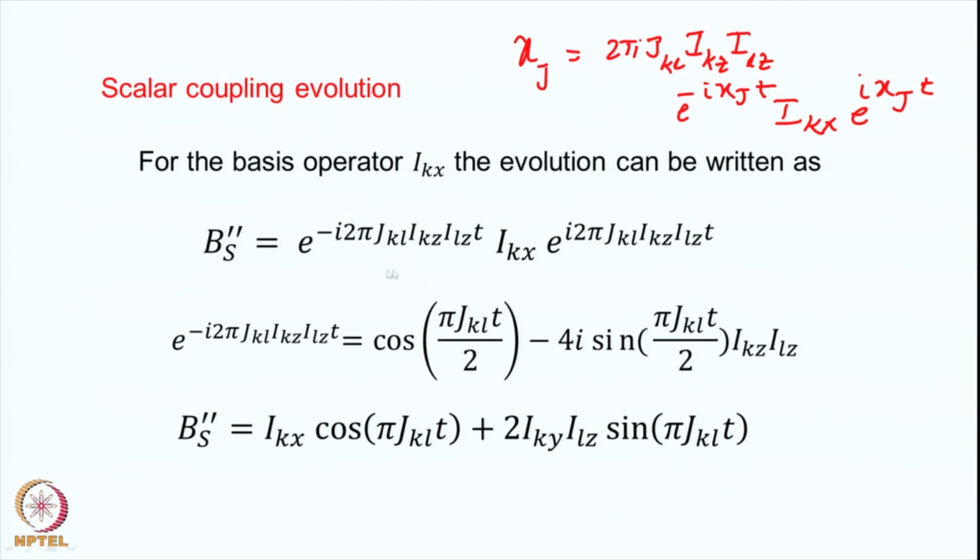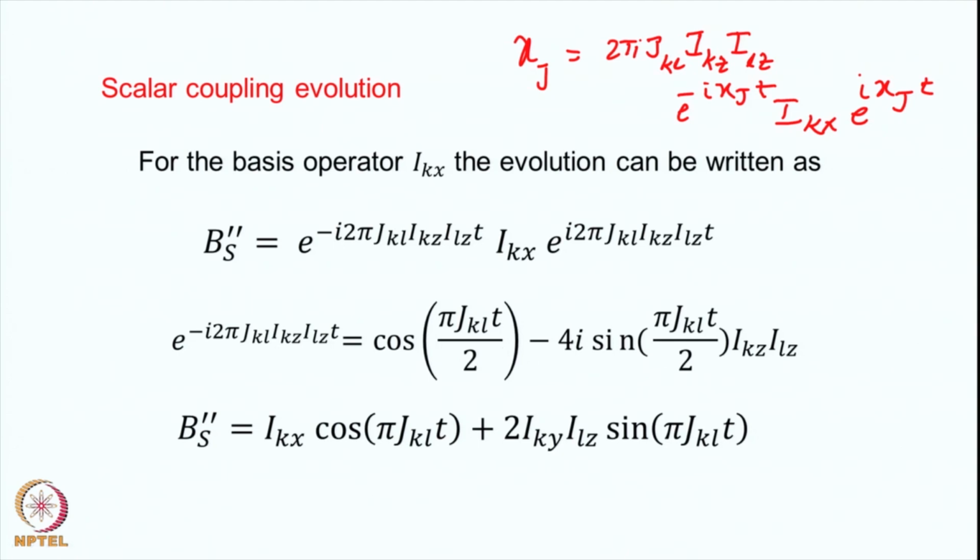Now this individual operator can be expanded or written in a simpler form like this: e to the minus i 2 pi jkl ikz ilz is equal to cosine pi jkl t by 2 minus 4i sin pi jkl t by 2 ikz ilz.